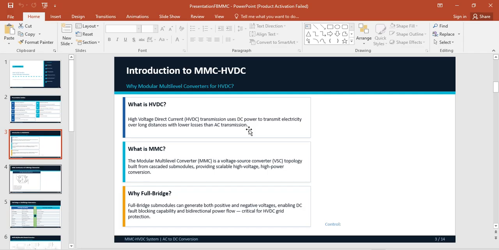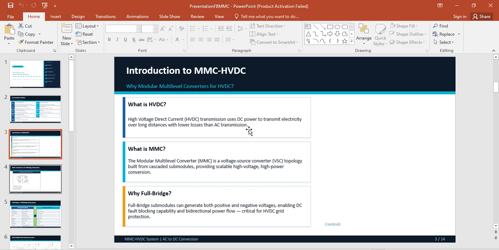In HVDC, the latest topology is the modular multi-level converter, which is a voltage source converter topology developed using discrete submodules. Those submodules can be half bridge and full bridge.